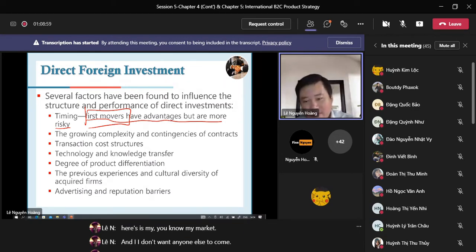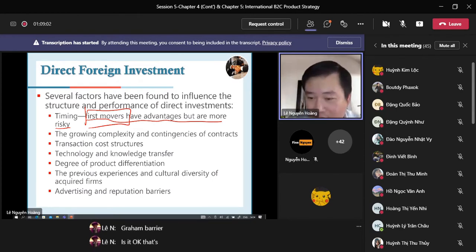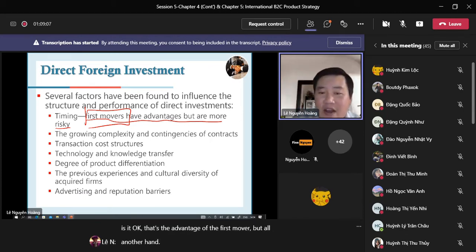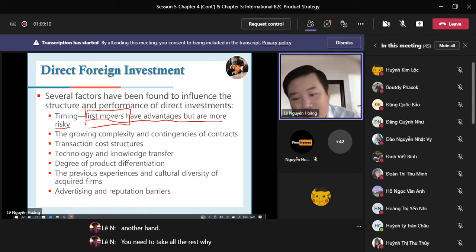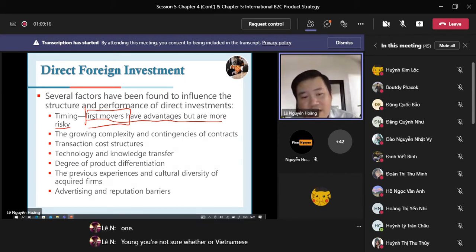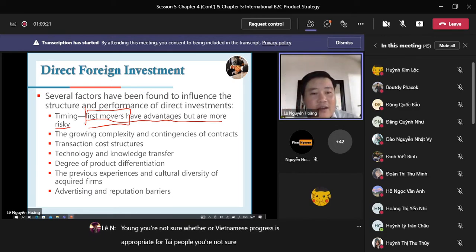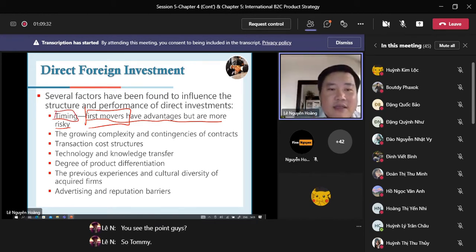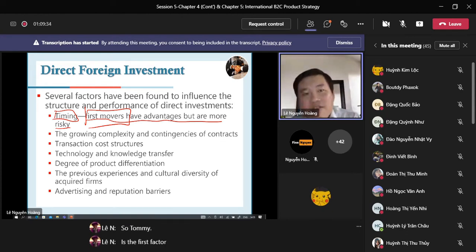That's the advantage of the first mover. But on the other hand, you need to take on the risk. Why? Because you are the first one. You're not sure whether Vietnamese baguette is appropriate for Thai people. You're not sure whether your business is profitable or not. You see the point, guys? So timing is the first factor that we need to take into account if we go for direct foreign investment.